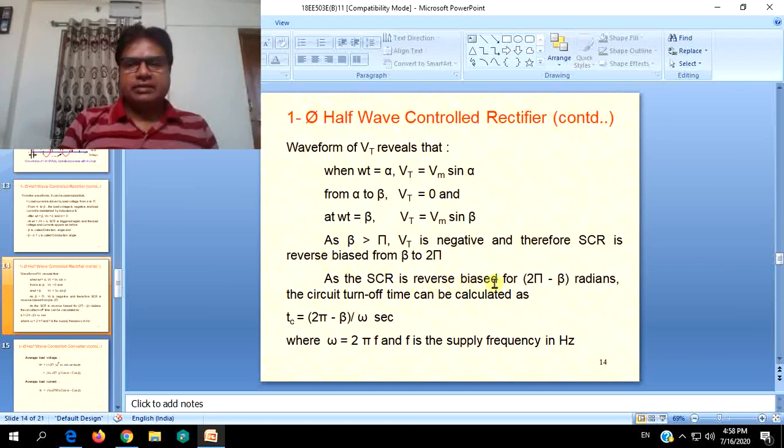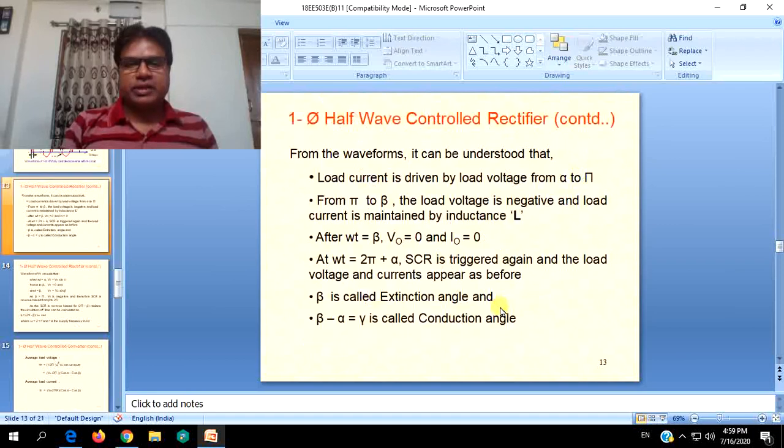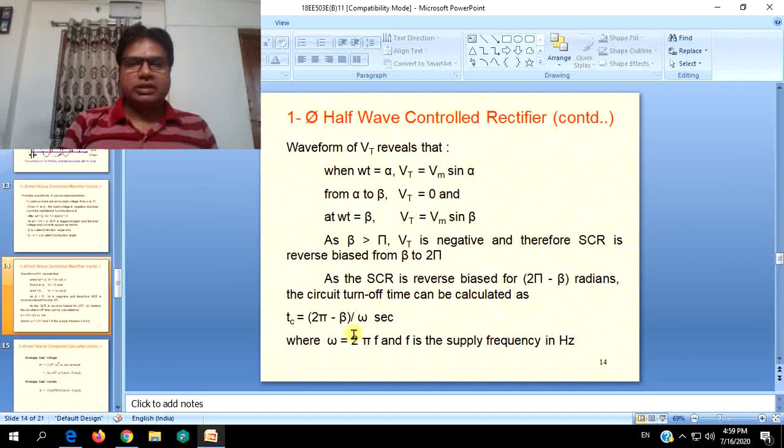As the SCR is reverse biased for 2 pi minus beta radians, the circuit turn-off time can be calculated as follows. This is the time during which it is reverse biased but the SCR is still conducting, so that is beta minus pi.